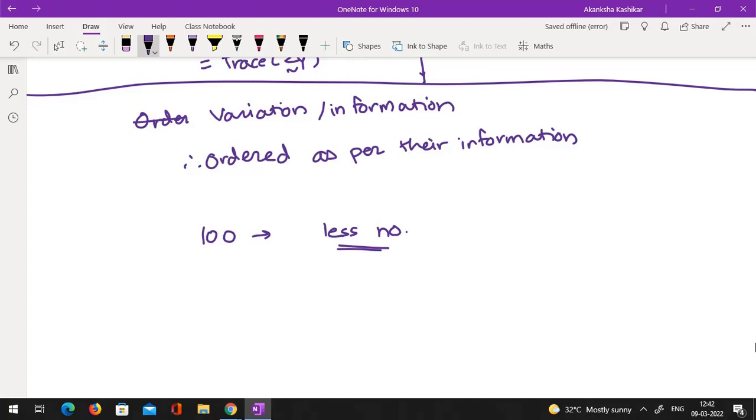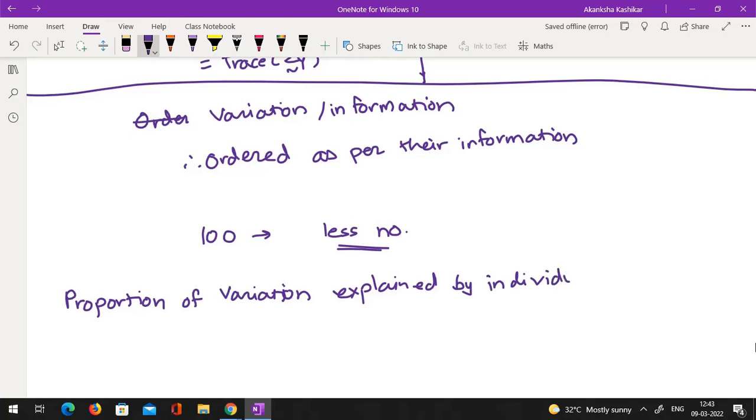So we compute what is called the proportion of variation explained by individual principal components.